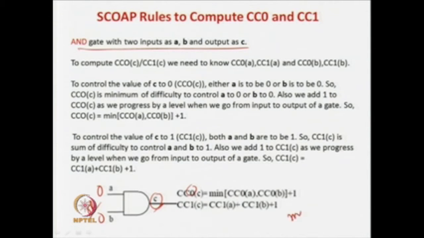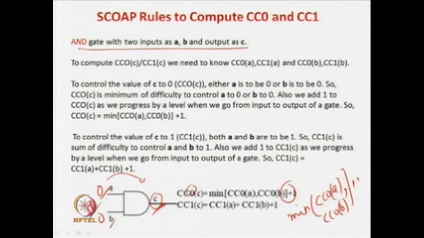It is the minimum of the combinational controllability of A to 0 or the combinational controllability of B to 0, plus you have to add a 1, because of the level shift, from this level to this level. So, difficulty is increasing, we assume, and we add a 1. To make C 0, we have to apply either A 0 or B 0.